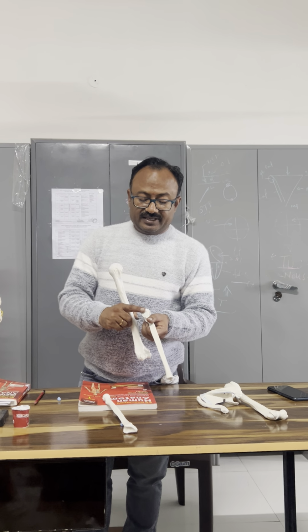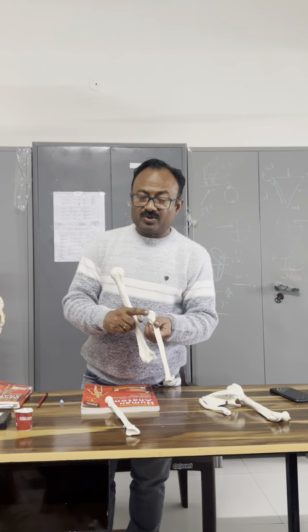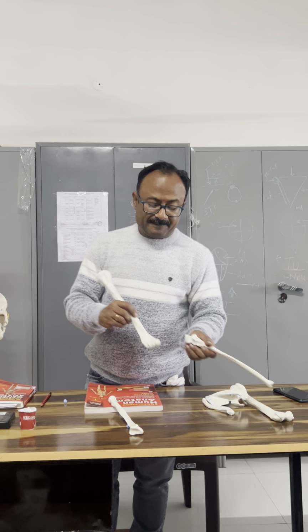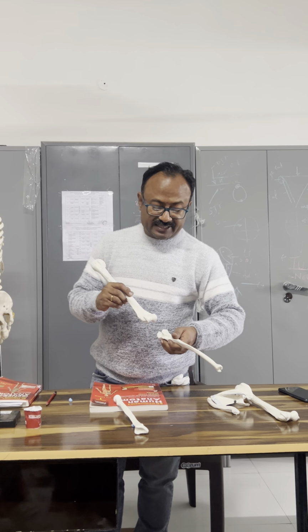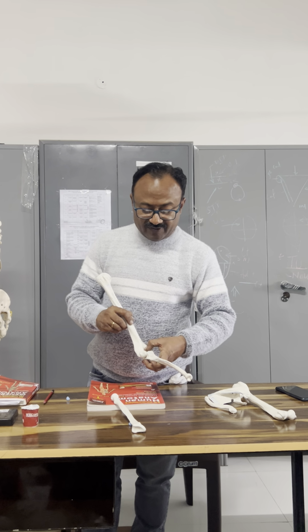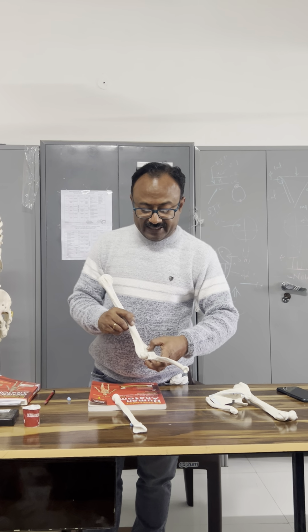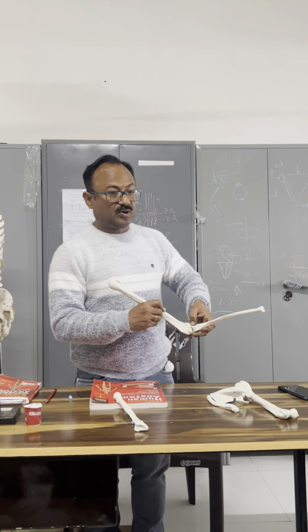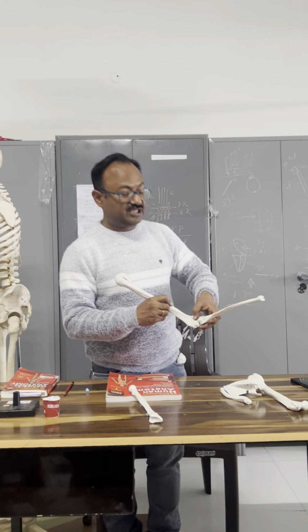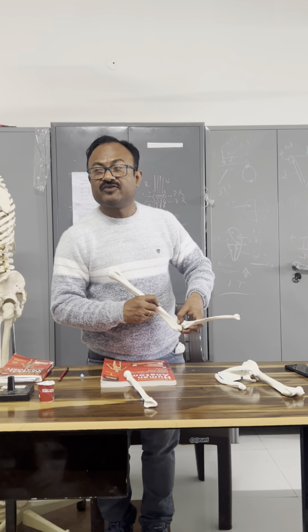At the ulna you will find two processes, coronoid process and olecranon process. When the trochlea articulates with the trochlear notch, there is one fossa just above the trochlea, which is for the accommodation of the coronoid process. So this fossa is also called as coronoid fossa.